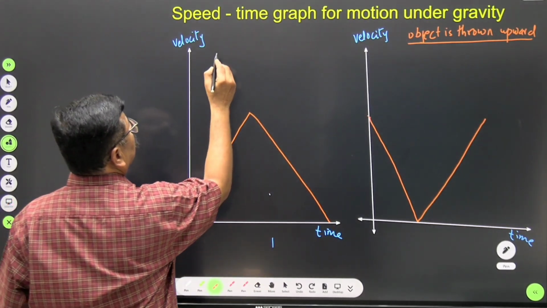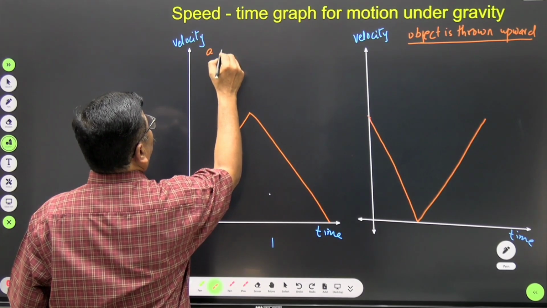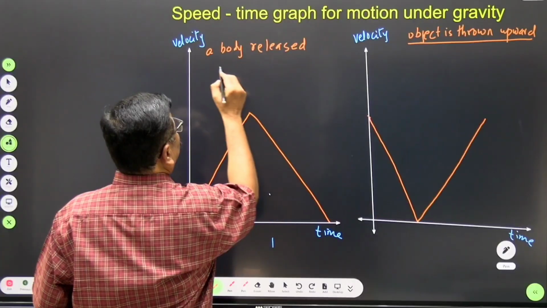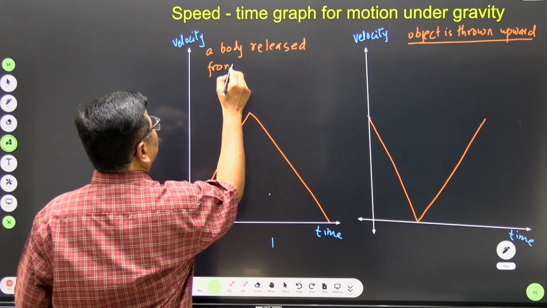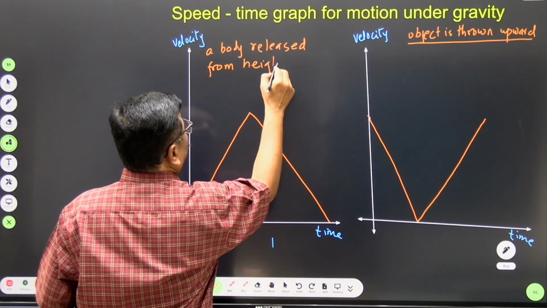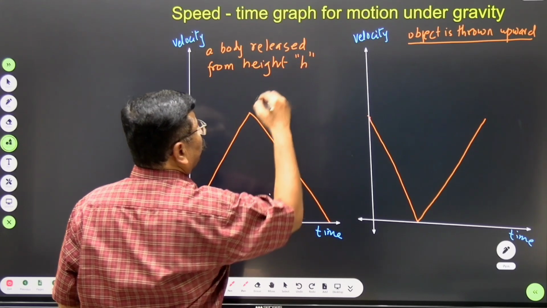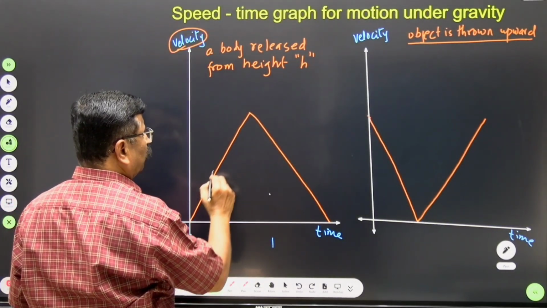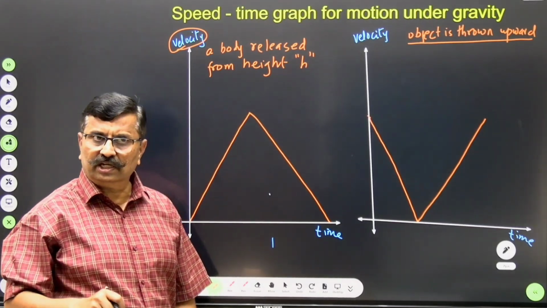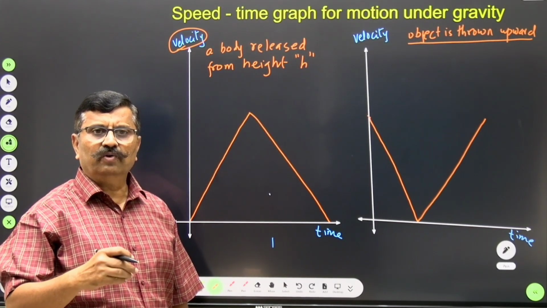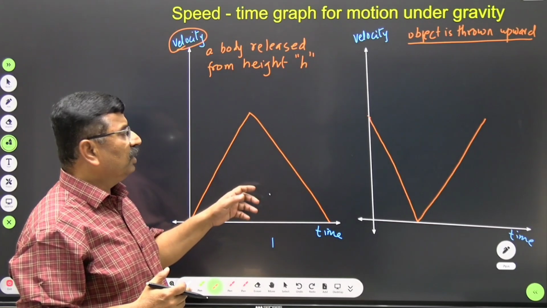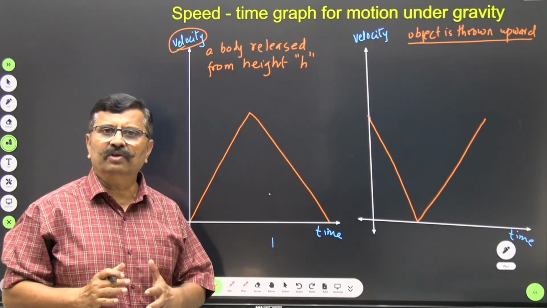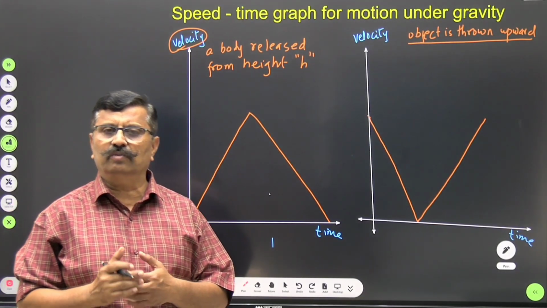So this is the case when a body is released from height h. The velocity of that body increases till it reaches the ground. After it reaches the ground, it bounces back and starts performing upward motion. Then the velocity decreases. So these are the various velocity time graphs for the motion.